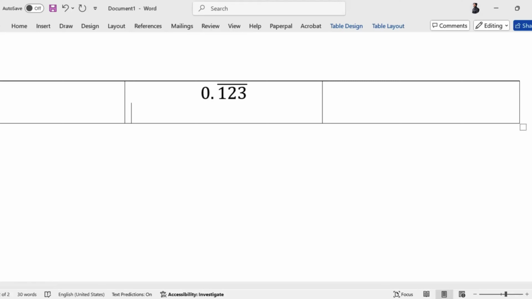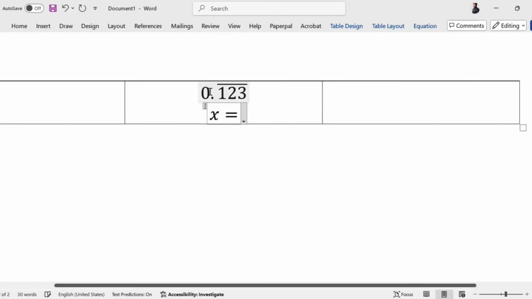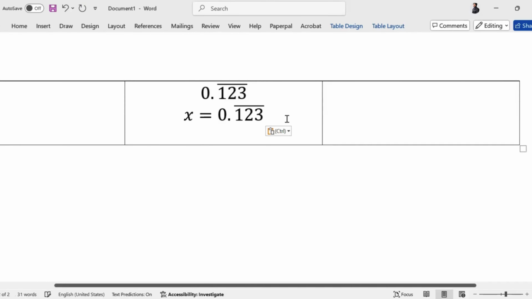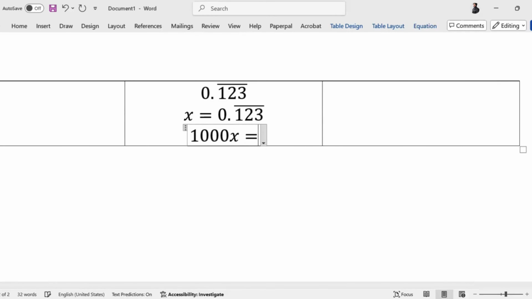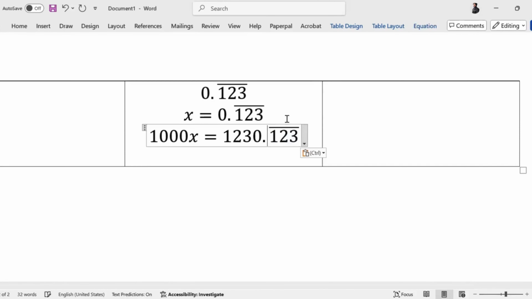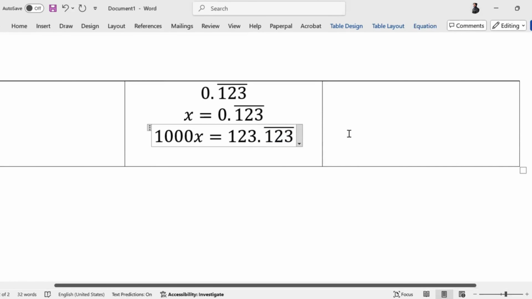Now keep in mind the primary objective. I want the same numbers beneath the same number so that when I subtract they cancel out. I'm calling this x. This is a fraction that I need to figure out. And when I multiply it by 1000, 123.123, and so on.